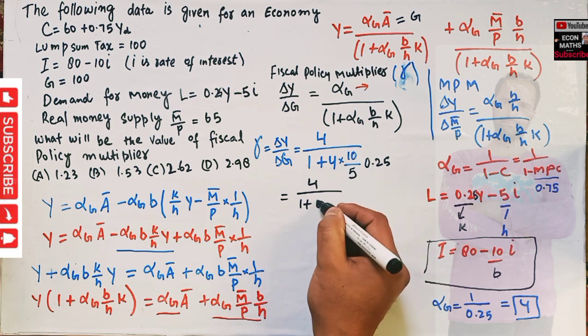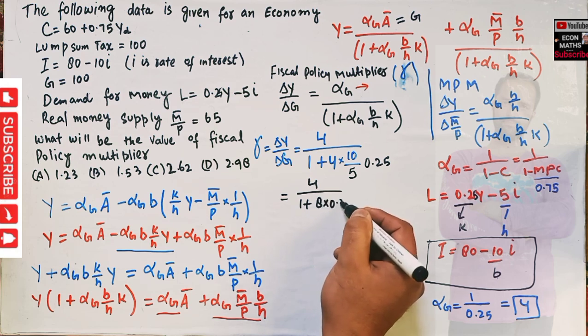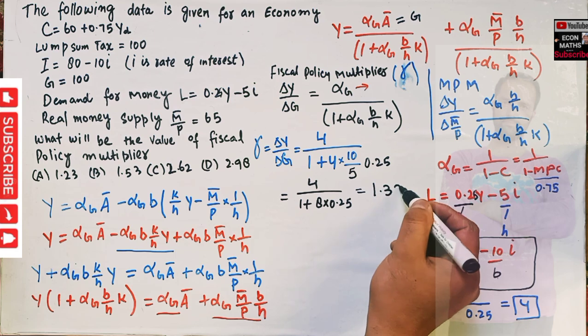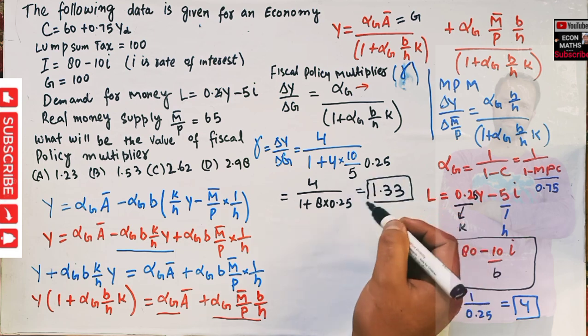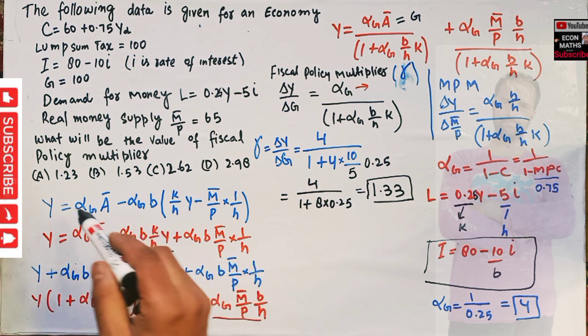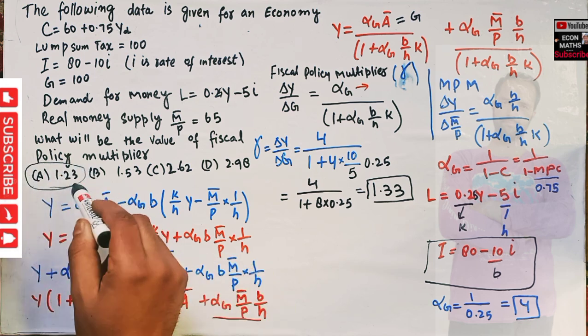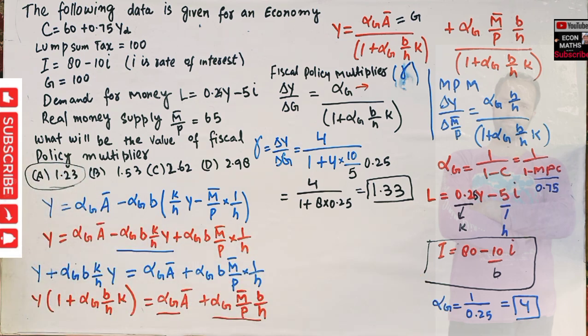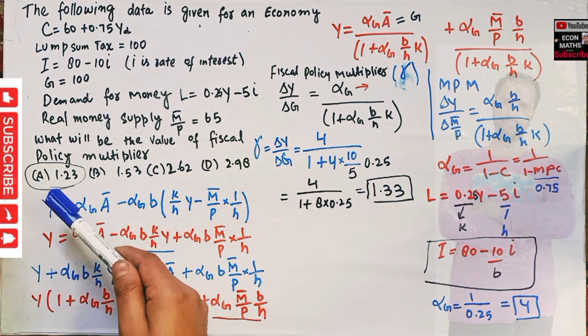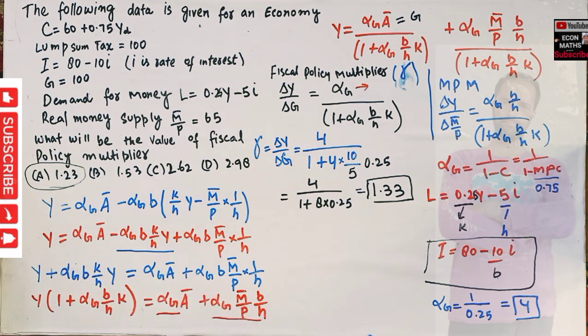This comes out to be 8 into 0.25. This will come out to be 1.33. So the correct answer should be 1.33, but 1.33 is not an option here, so I will go for 1.23, though this is not the same as I have calculated. If you calculate this step, it will come out to be 1.33. Either all the options are wrong, or you have to go for the closest one here, 1.23.